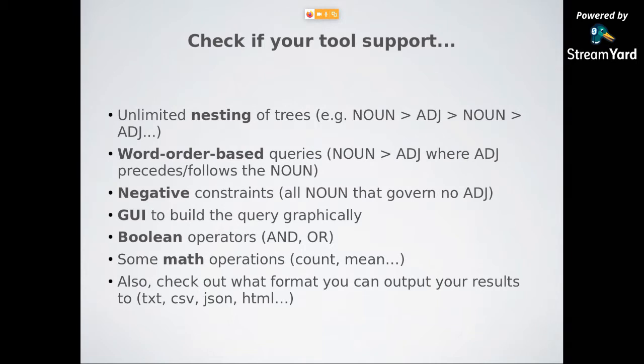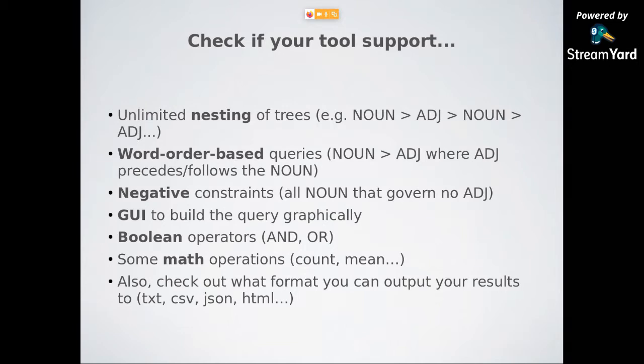Sometimes, especially if you're using Universal Dependencies, you might be lucky, and there are a lot of them. In most cases, there is none, and you find a way around it. But here is a list of options that might be supported, and that can change the way you formalize your research question and your query.